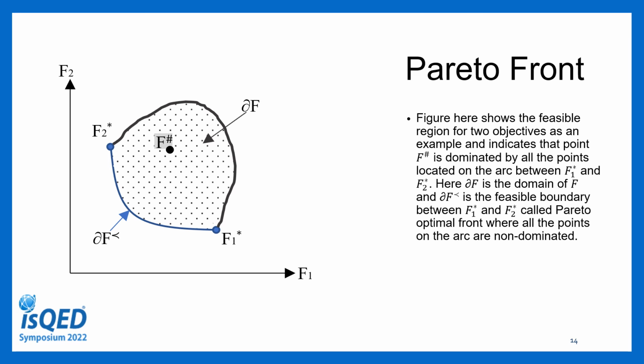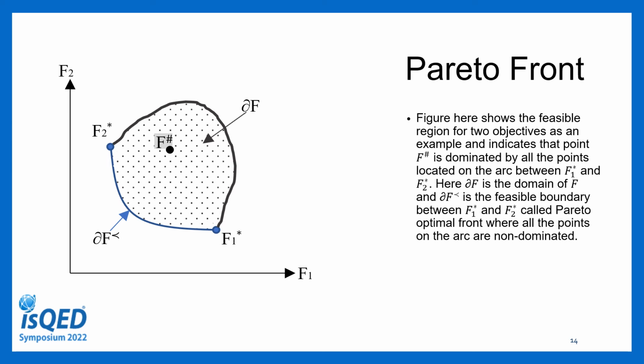A concept of optimality is defined as Pareto optimality, and it is the set of non-dominated points that form the Pareto front. On the picture on the left, we can see the feasible region for two objectives shown by dot points, and the point F sharp is dominated by the points located on the arc between F1 star and F2 star.